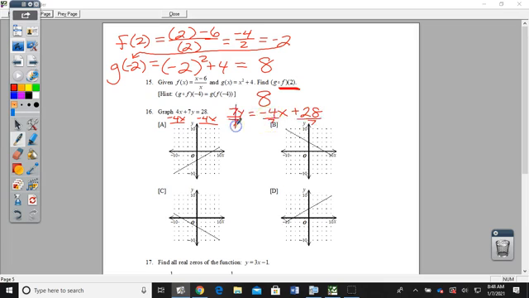And since I have choices here, I know my slope is going what? Up or down? It's going down. So it's got to be either B or C, because A and D are both going what? Up. All right. What is my y-intercept? 28 divided by 7 is what? 4. Positive 4. So it has to be which answer? Has to be B.